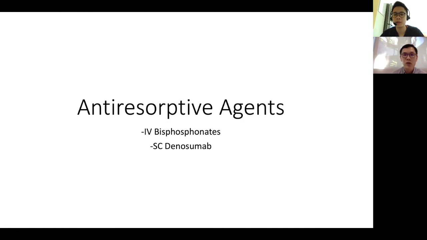But in the acute setting, we're using these agents to control the calcium, which buys us time to find out the etiology, and the ideal treatment would be to tackle the underlying cause of the hypercalcemia. Long term, we try to treat the underlying cause, and this repeat dosing is more about treating the calcium if it continues to be high.